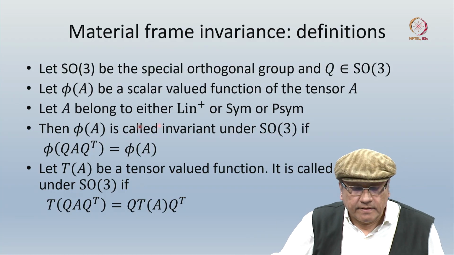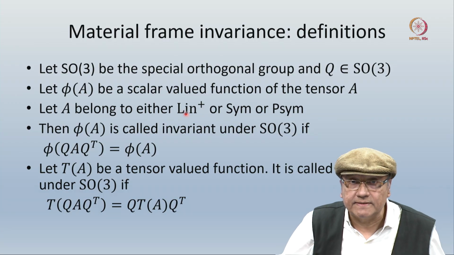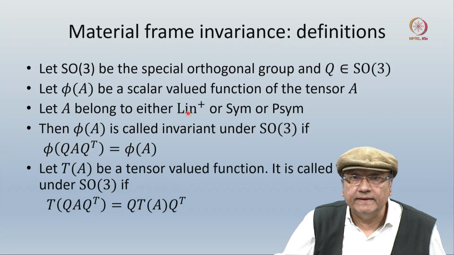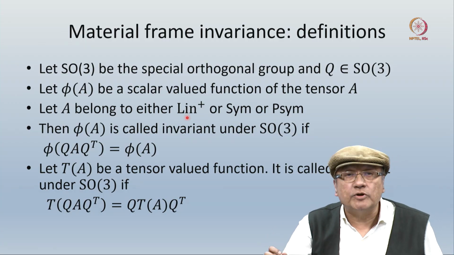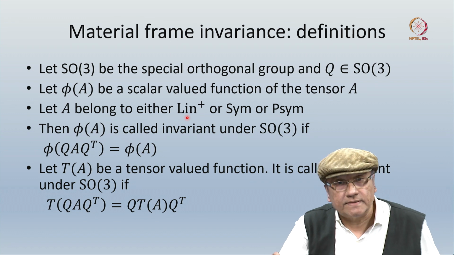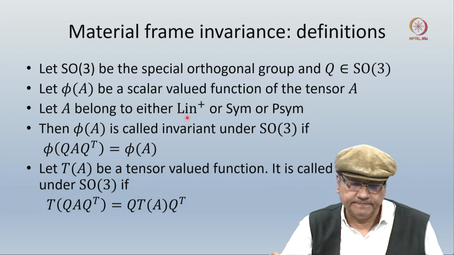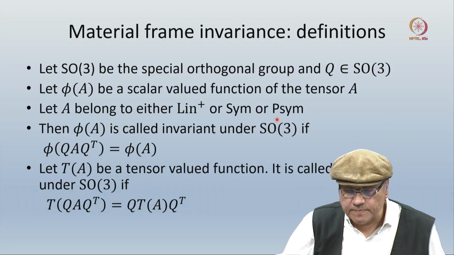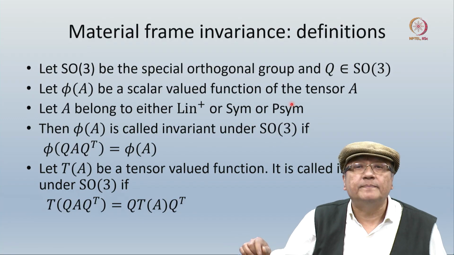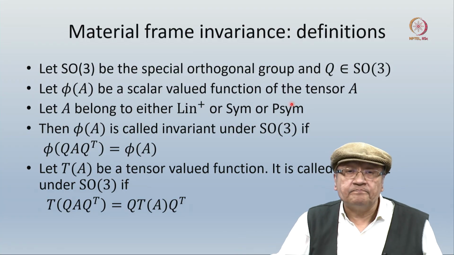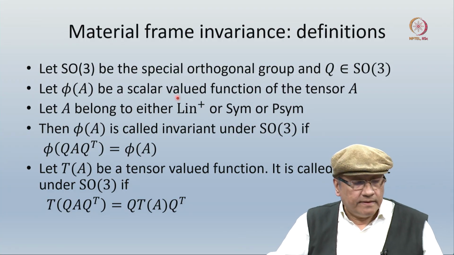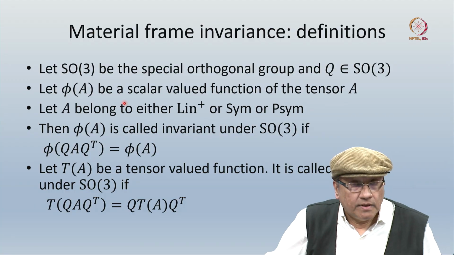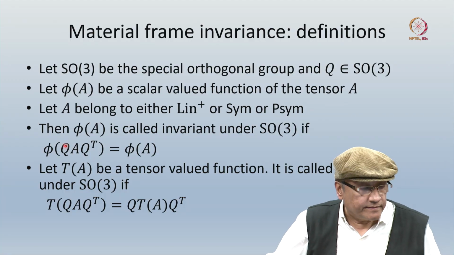If A belongs to Lin+, then A is a strictly positive definite tensor. If it is Sym, it is a symmetric tensor. If it is PSym, it is symmetric and positive definite. The important thing here is this definition.